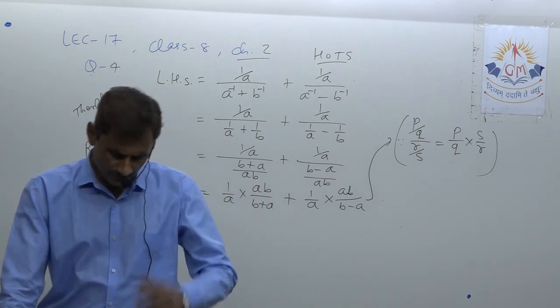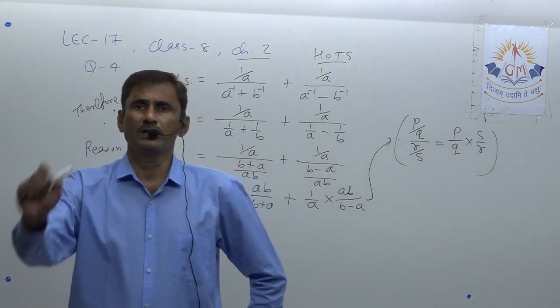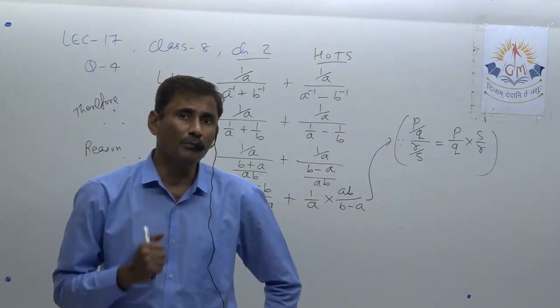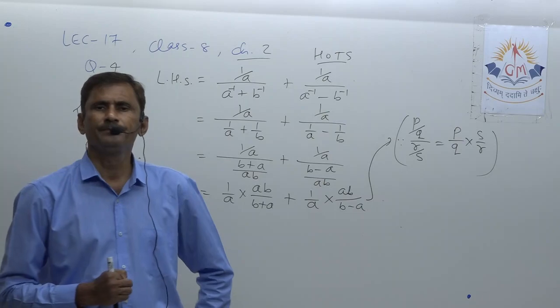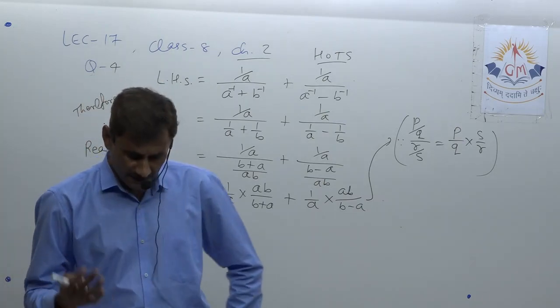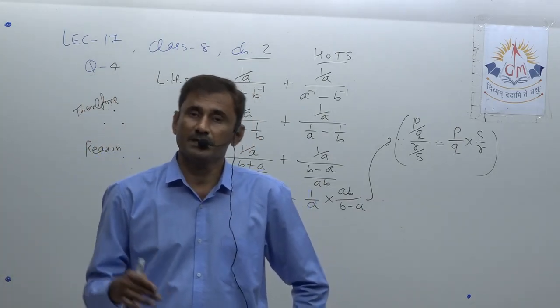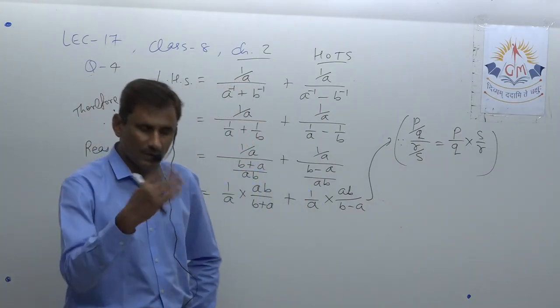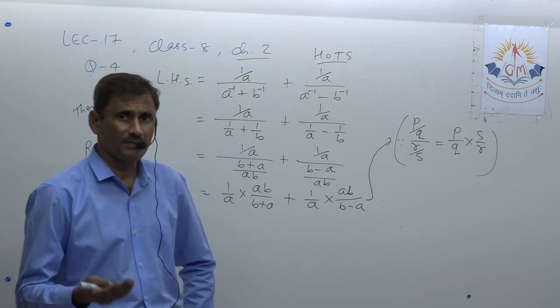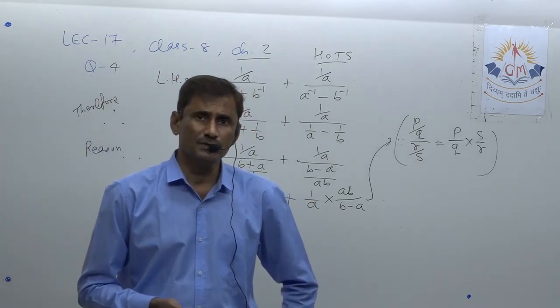Suppose I give you my address, and I give you only the street number or my home number. Is it enough? Obviously not. I have to say my society, my area, my street number, then my home number. Even if you are from outside, I have to clarify my city's name also.